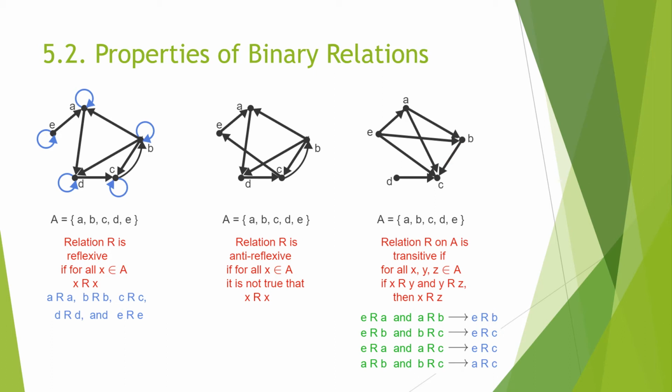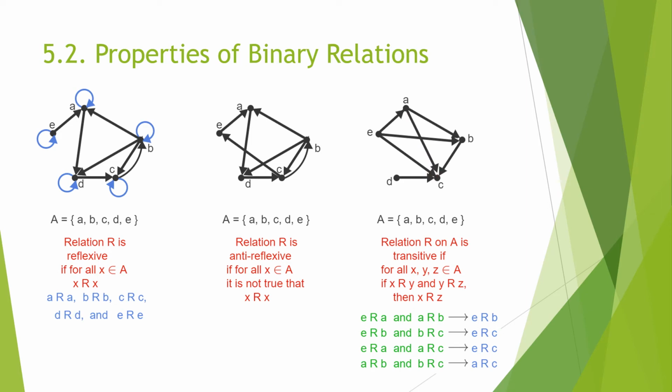Also, E is related to A and A is related to C. That concludes that E has to be related to C, which is, in this case, true. Therefore, the triangle EAC doesn't violate the definition of transitivity too.